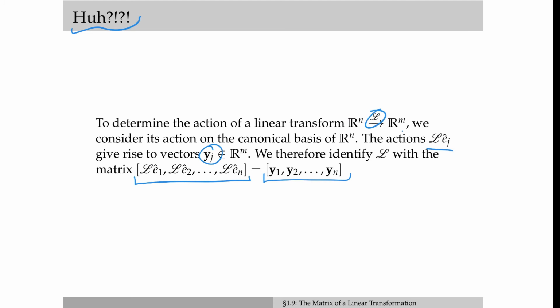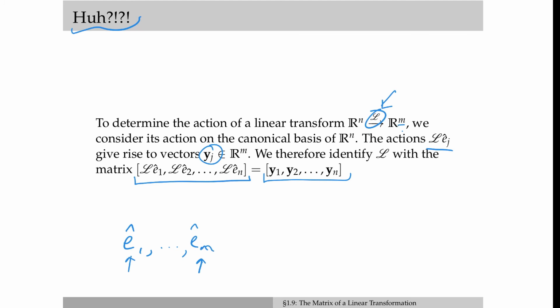This canonical basis that I reference, E1 hat up to En hat, the columns of the n by n identity matrix, turn out to completely characterize how a transformation actually operates. So in other words, if I can describe how L treats each of our principal directions in n-dimensional space, oops, that should be M, because that's Rm.